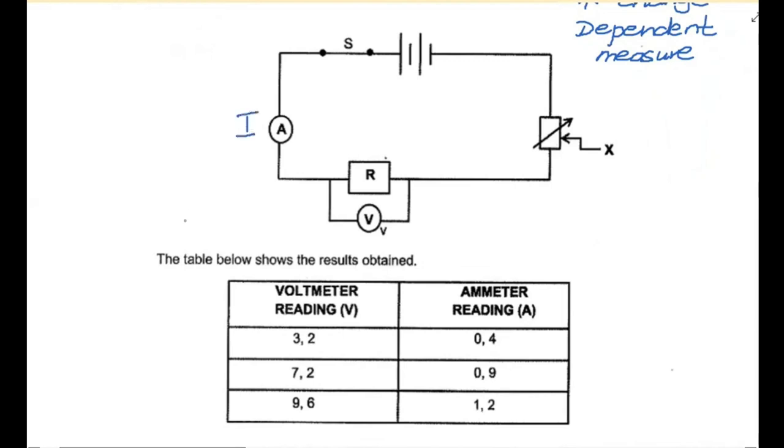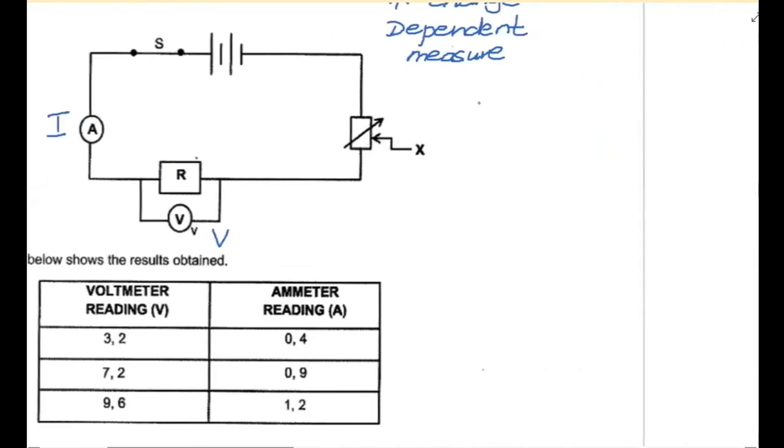They've got a resistor, and a voltmeter across the resistor, so that's going to measure our V. And now they've got this other funny device on the side, a resistor with an arrow through. What is that? A reminder from your circuit diagrams, that is known as a rheostat.